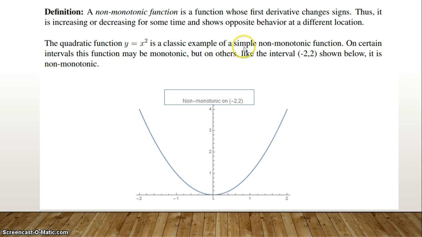It is a classical example of a simple non-monotonic function. On certain intervals this function may be monotonic, but on others like minus 2 comma 2 it is non-monotonic. The function is slowly decreasing and then it is increasing. So that is an example of a non-monotonic function.